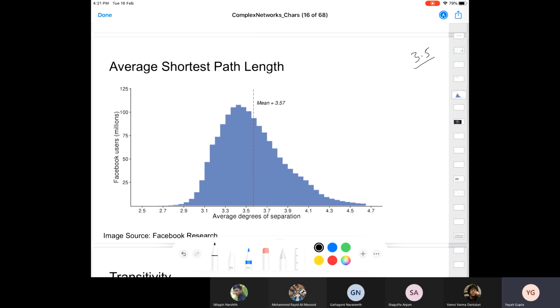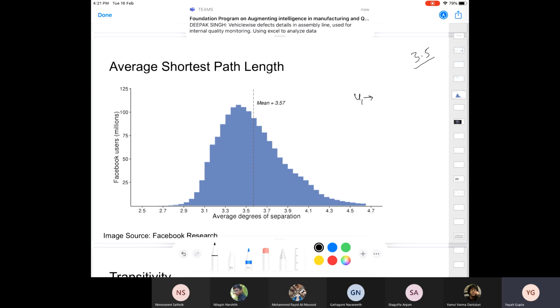What you are seeing in this figure is on the x-axis... now this is not a number here. Here what you see is a plot. What is this plot? I'm going to look at the first user on Facebook, exactly like Navneet said.